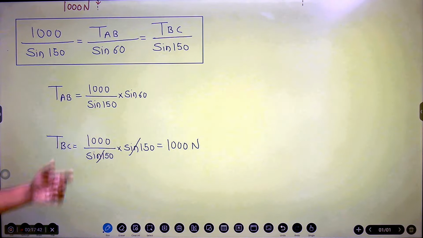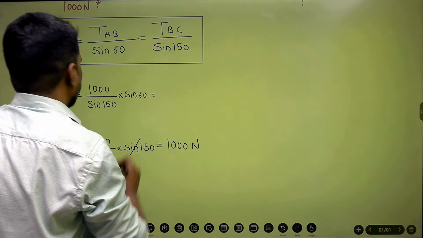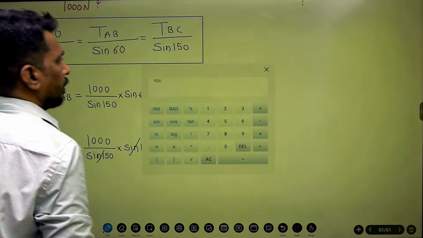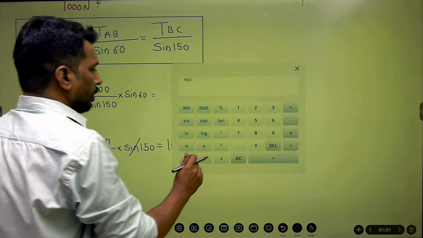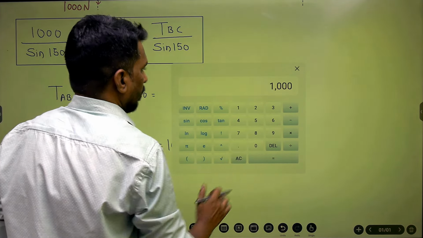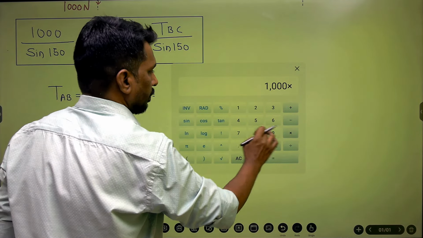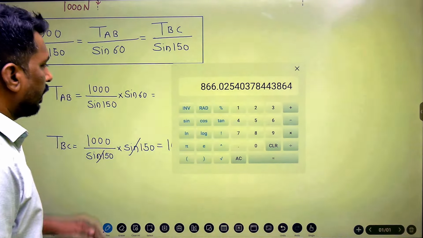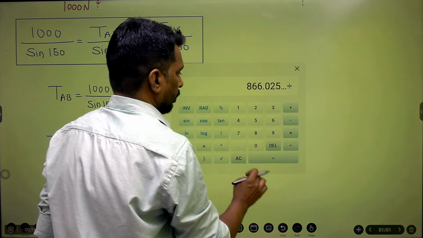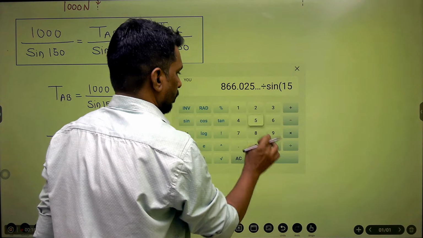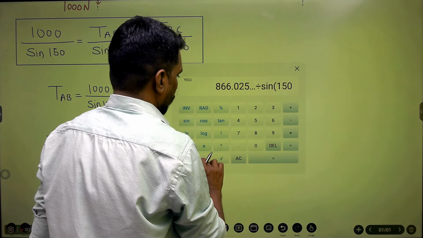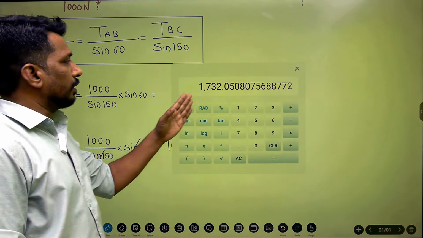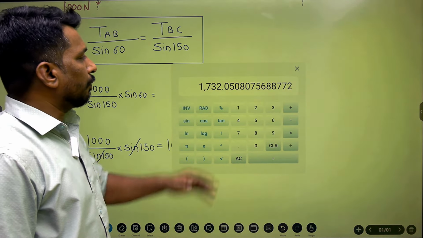Okay, now TAB. We can calculate here: 1000 into sine 60 divided by sine 150. This comes out to be 1732.050.